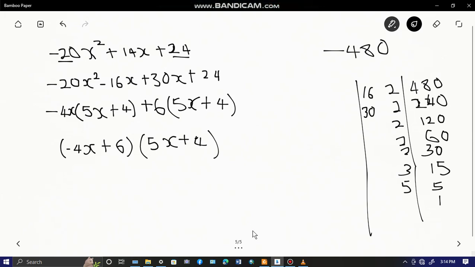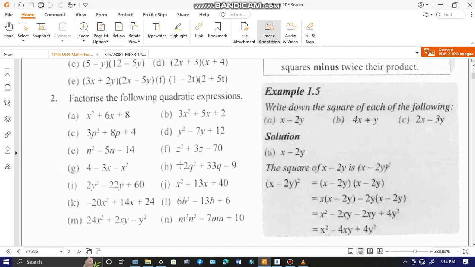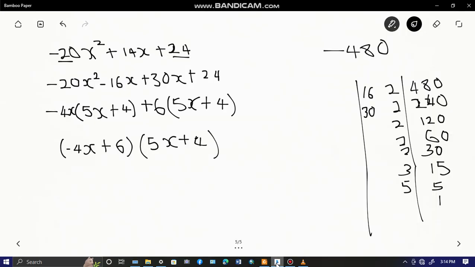Another example requires us to factorize 6b squared minus 13b plus 6.